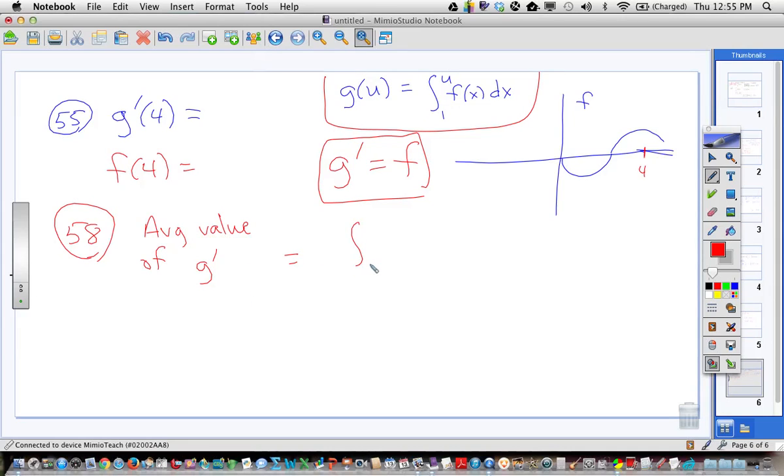Well, that would be the integral of g prime from 0 to 3 over 3 minus 0. Now, g prime is the same as what? f. So what this question really is saying is, what's the area under the f graph from 0 to 3? So we would do this area, and then I think 3 is here, and so there's a little piece of area here that we just have to approximate.